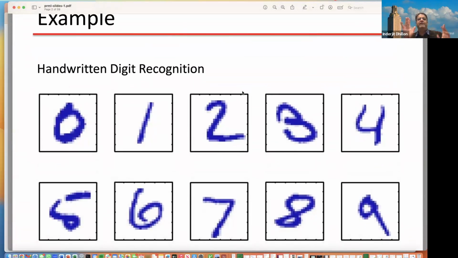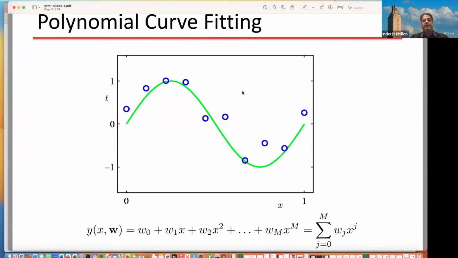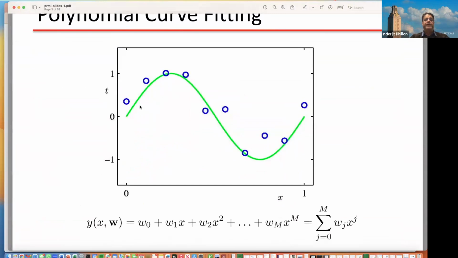Here's an example where you might want to recognize digits. That's a classification problem. But here is the problem that we are talking about. Think of a particular x, given over here, and this is the value that you want to fit, the y-axis.